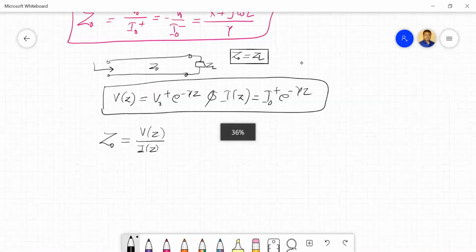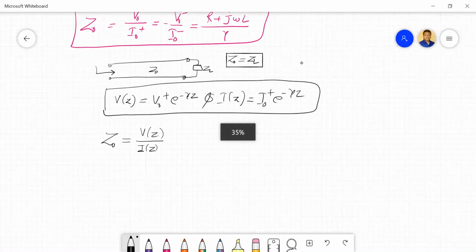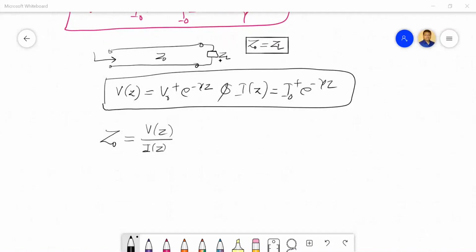So let us solve this, and again you are getting this same thing, R plus j omega L divided by gamma. Fine. Again we will definitely get the same thing.